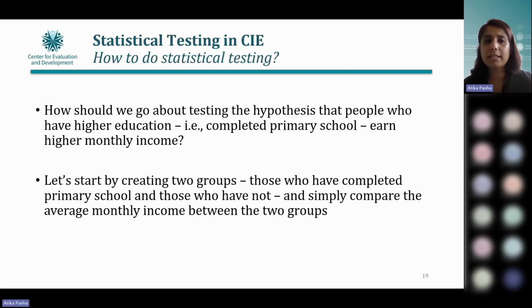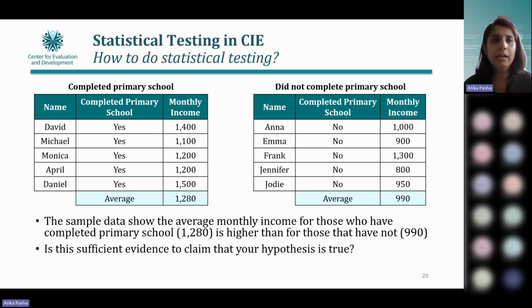So now we test whether those who've completed primary school earn more than those who have not completed primary schooling. First and foremost, we need to separate the two groups, those who've completed and those who have not completed primary schooling. And this is what it yields. We see that these 5 individuals completed primary school and these 5 individuals have not.